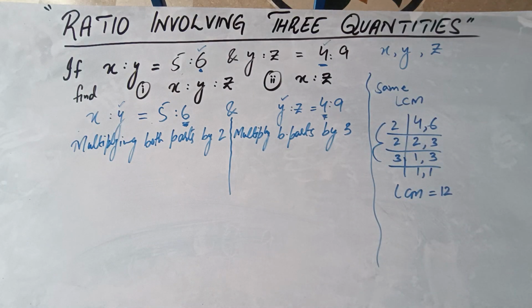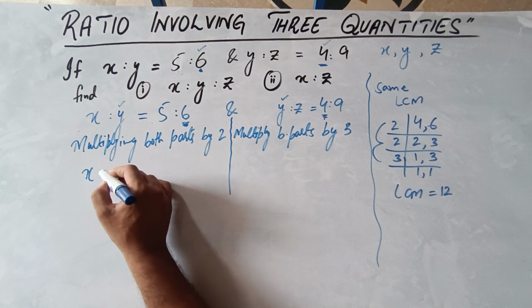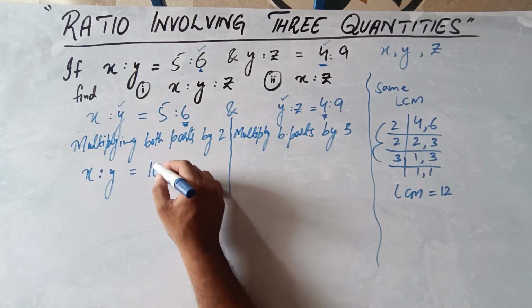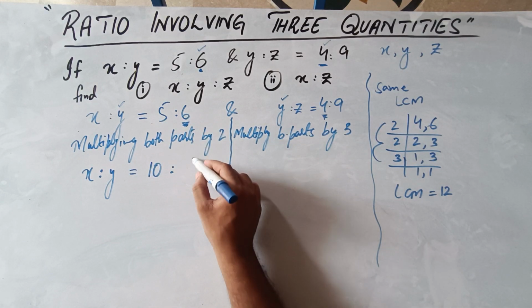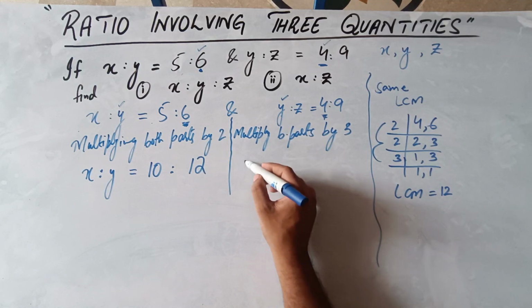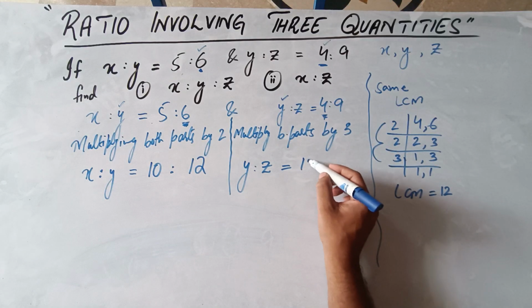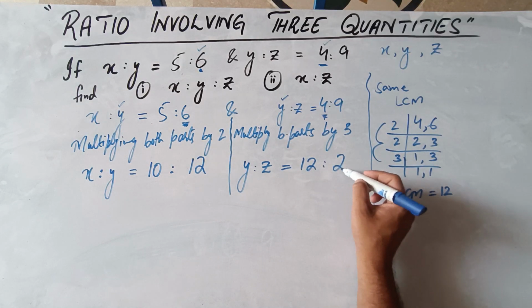So in this way, what will happen? Now look over here. If we multiply both parts by 2, 5 2s are 10, 6 2s are 12. Now y ratio z is equal to 4 3s are 12, 9 3s are 27.